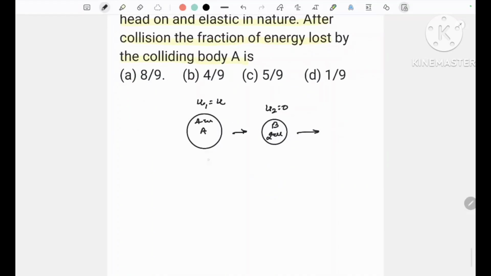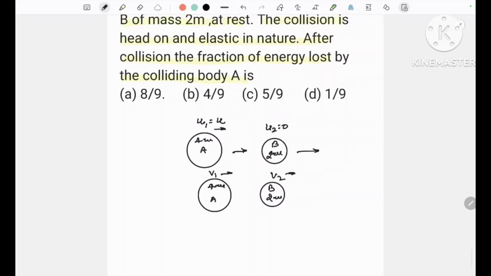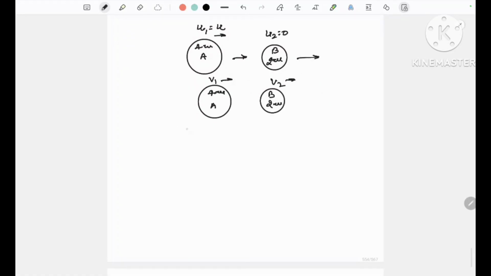After collision, the velocity of A is suppose v1 and velocity of B is v2. Conservation of momentum: final momentum will be equal to initial momentum.